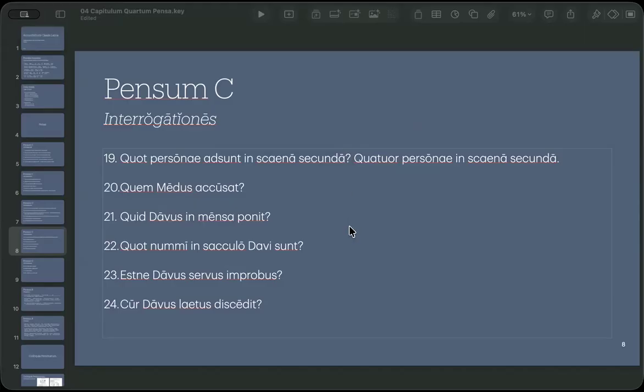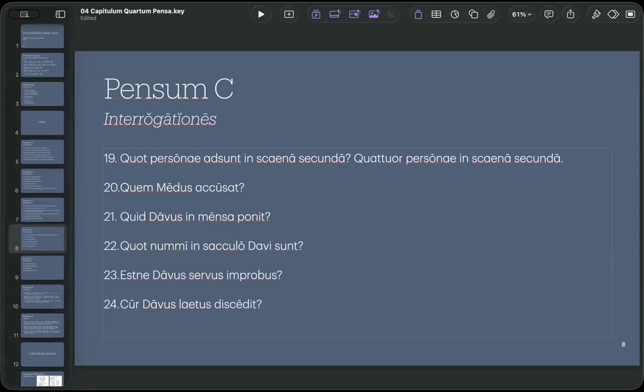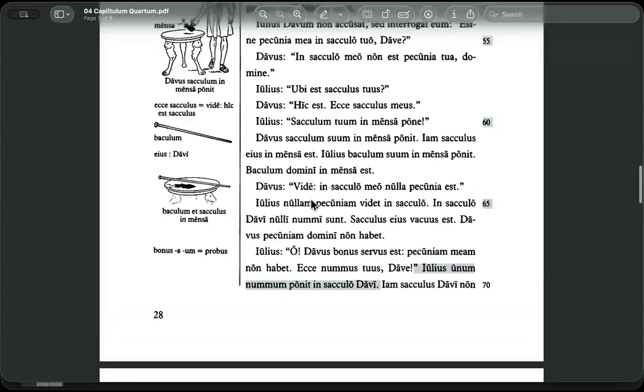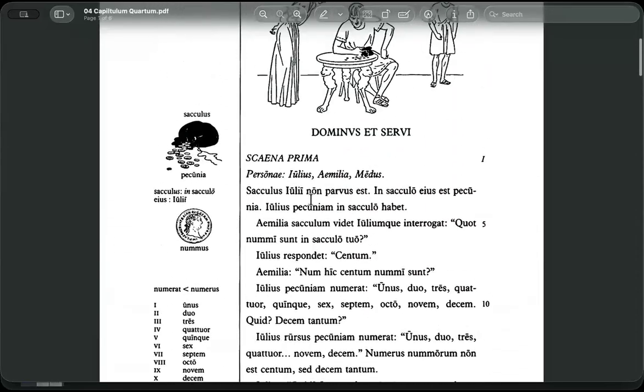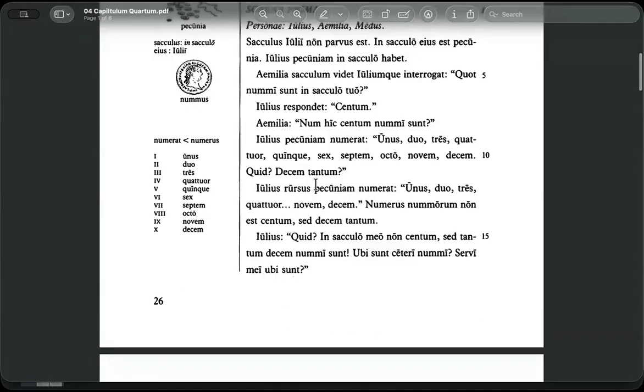Huh. Why does my dictionary not find... oh, interesting. There should be two T's there. Do they use quattuor? Which version do they use here? Yep, two T's. Okay.